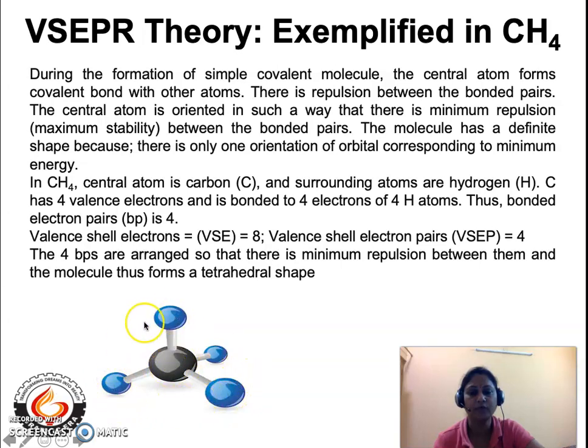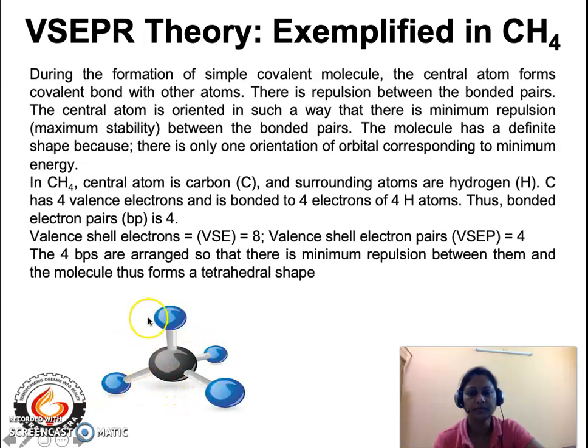So there are 4 bond pairs undergoing repulsion with each other, and they will align in such a way that the final geometry will have minimum repulsion between the bond pairs. So the methane molecule is thus assuming a tetrahedral shape. This tetrahedral shape is because the molecule is assuming maximum stability.